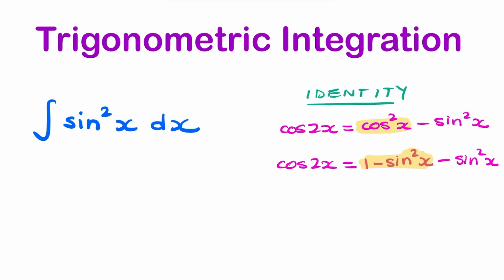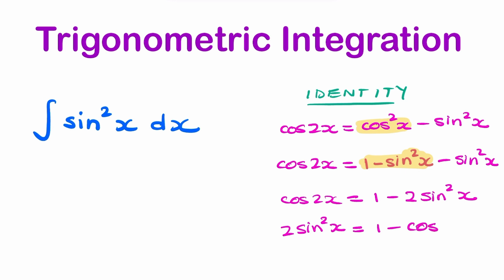So that simplifies to cosine 2x equals 1 minus 2 sine squared x. And you can rewrite that as 2 sine squared x equals 1 minus cosine 2x.